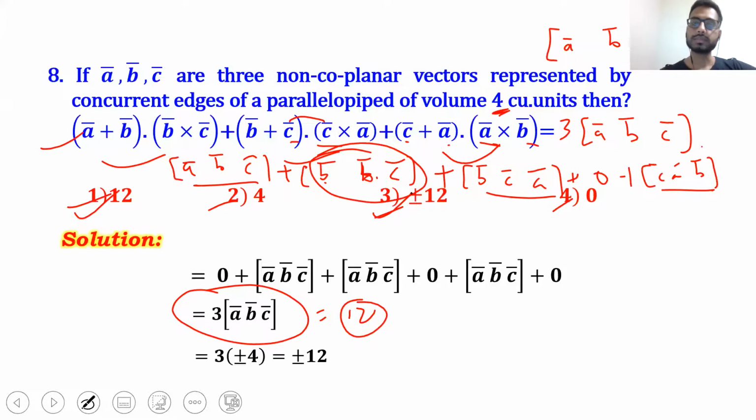So which one is more accurate? When we are saying that volume is 4, we are considering only the positive value because volume cannot be negative. However, when we consider the box product for a more accurate answer, the value of this box product can be plus or minus 4. Therefore, the correct answer would be plus or minus 12.